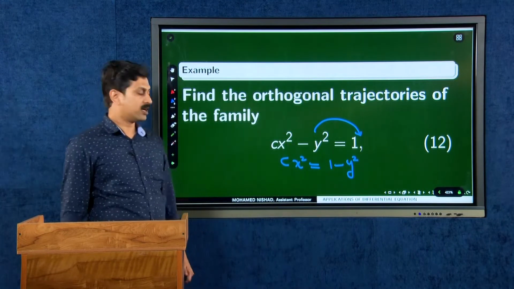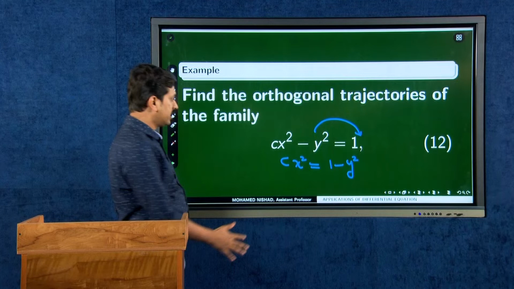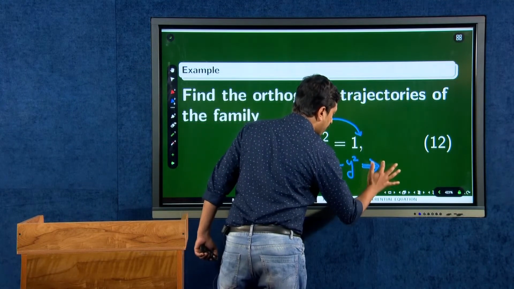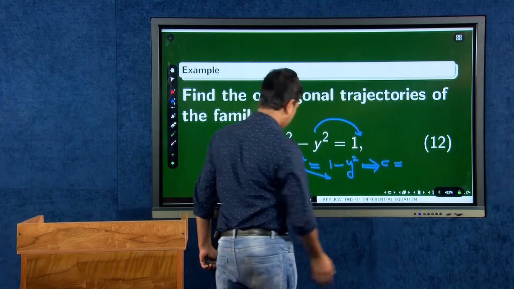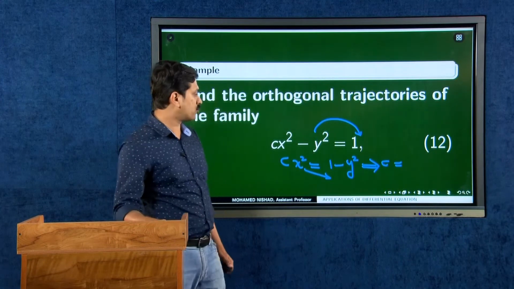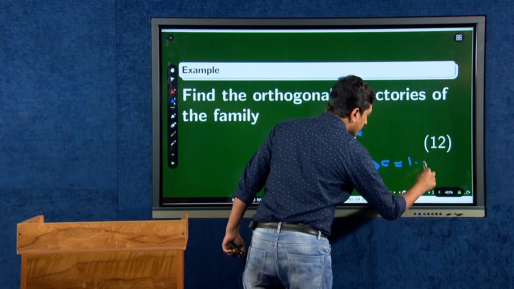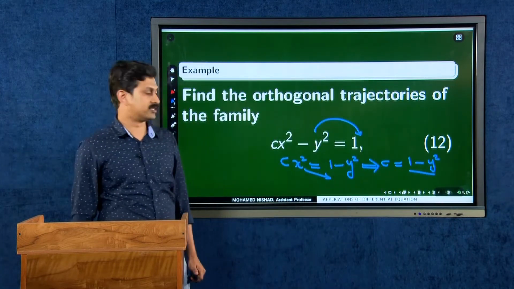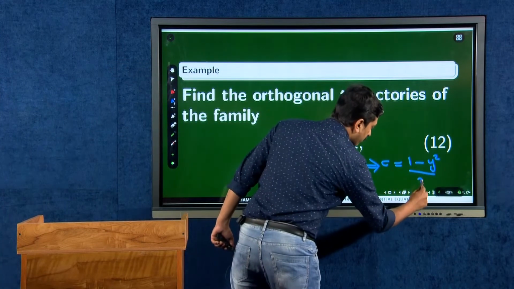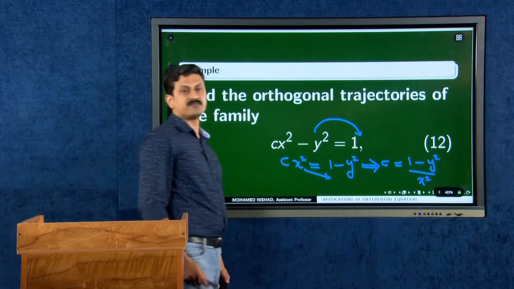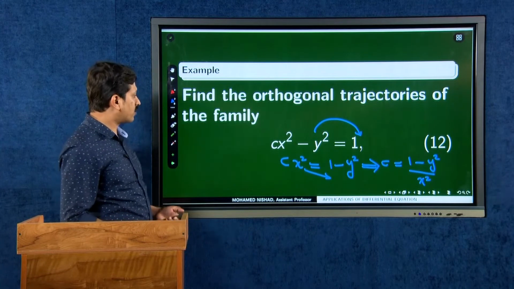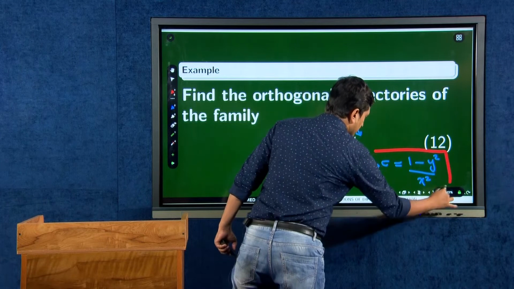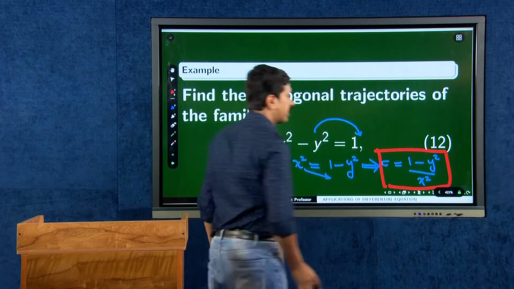To find c, we will just take x square to the other side. Finally, we will have the value of c is equal to 1 minus y square divided by x square.